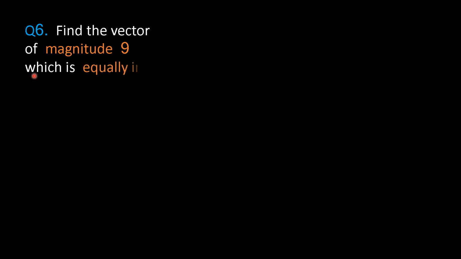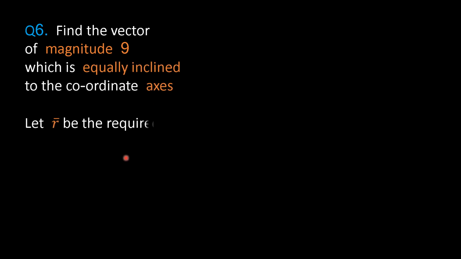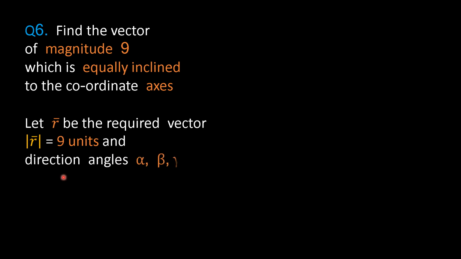In question 6, we have to find the vector of magnitude 9 which is equally inclined to the coordinate axes. Let r bar be the required vector and mod r bar equals 9 units, which is given. Direction angles be alpha, beta and gamma, and alpha equals beta equals gamma is given.